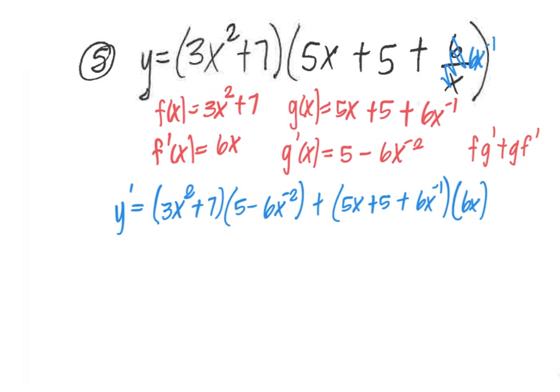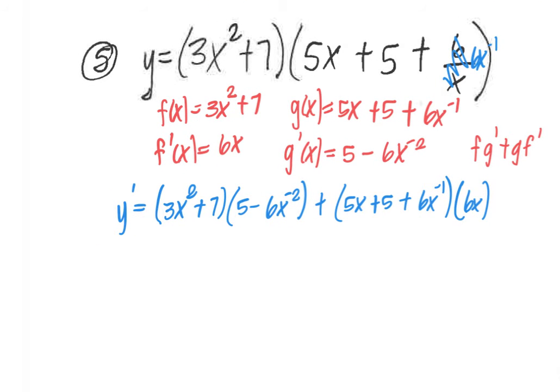And let's perform this distribution. Right here we're going to have a FOIL method, okay? So I'm going to say 3x squared times 5, and 3x squared times negative 6x to the negative 2.